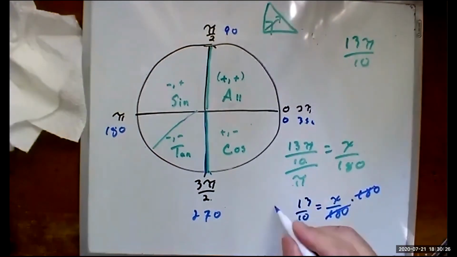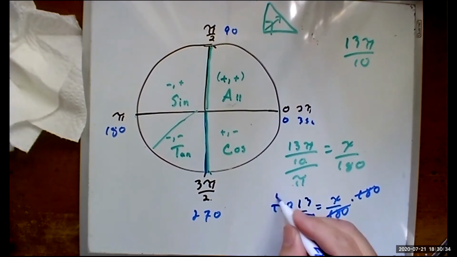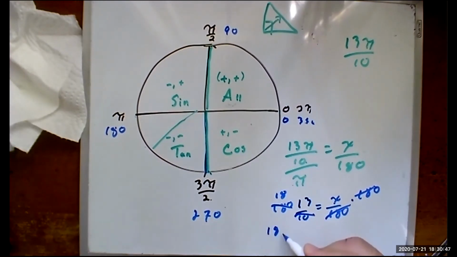So this becomes 13 over 10 is equal to x over 180. We'll multiply by 180 on both sides, and that will come down to 18 times 13.